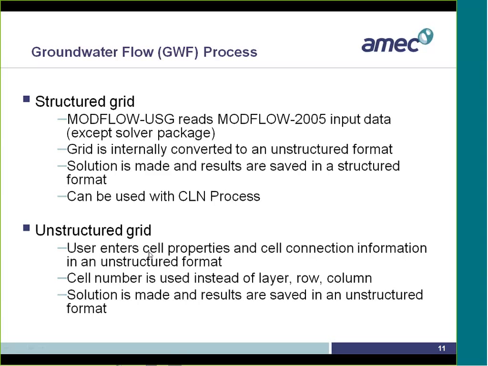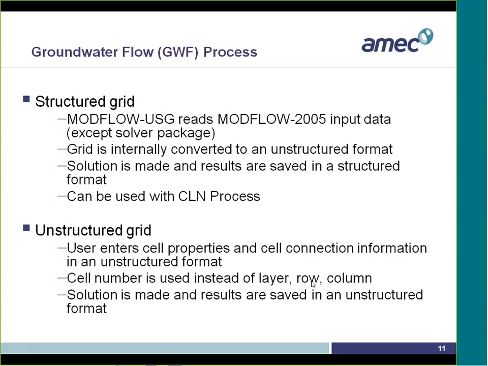For unstructured grids, the groundwater flow process uses cell properties and cell connection information. So essentially, you have to let the code know the whole connectivity of the domain, so what every cell is connected to, and then for each connectivity, what is the area of the connectivity, what are the lengths, the separation distances between the cells or between the cell and the face.